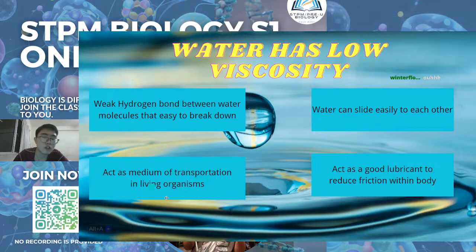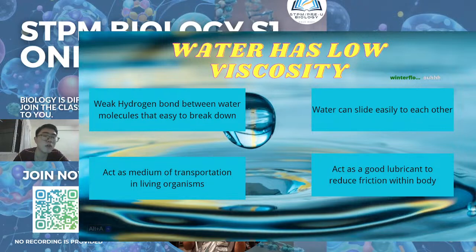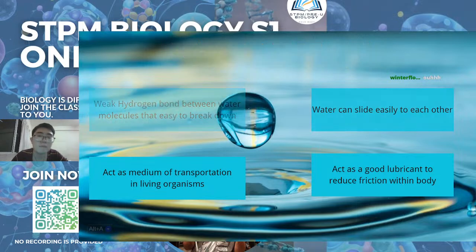Because it can transport. Even plants need water for transportation, to transport hormones, nutrients, and mineral ions to all parts of our body, and also for plants. And it can also act as a good lubricant to reduce friction within the body. So these are the explanations for low viscosity.